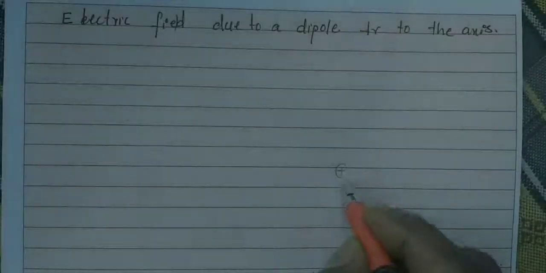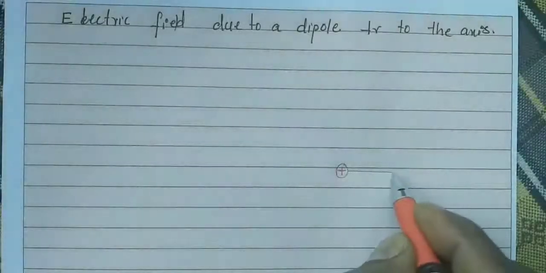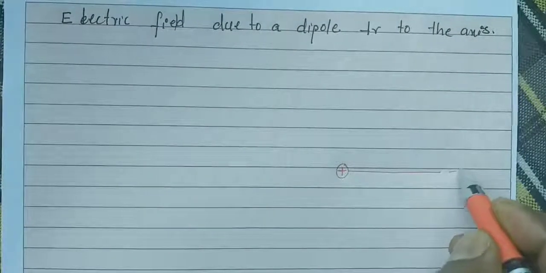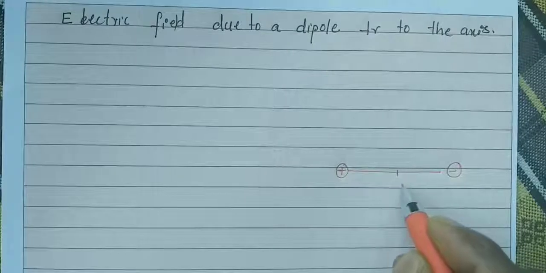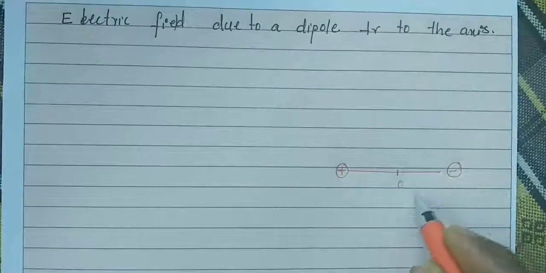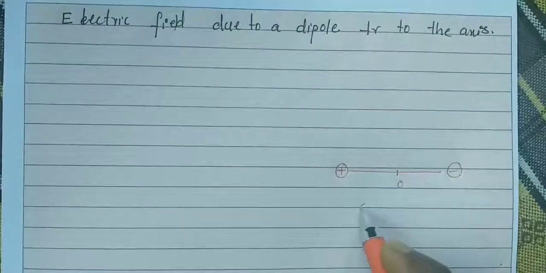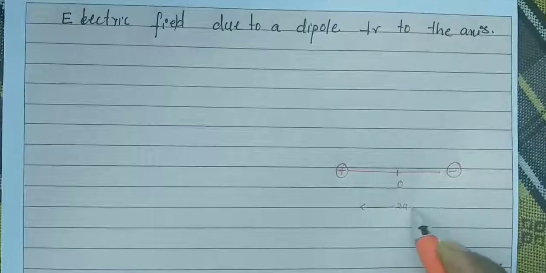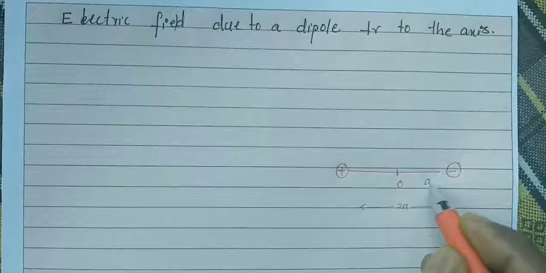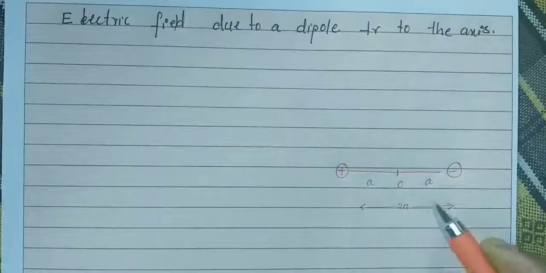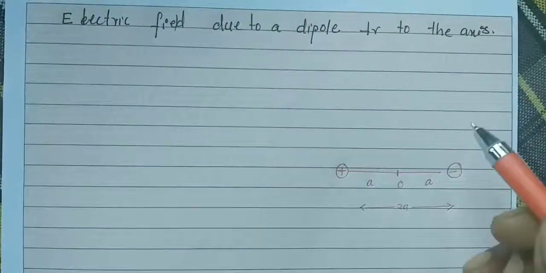Before going to the derivation of electric dipole, as usual, we need to draw its diagram. So electric dipole consists of one positive and a negative charge separated by a small distance. O is the midpoint of these positive and negative charge. For convenience of derivation, we can take the distance as 2a. A is half the distance.